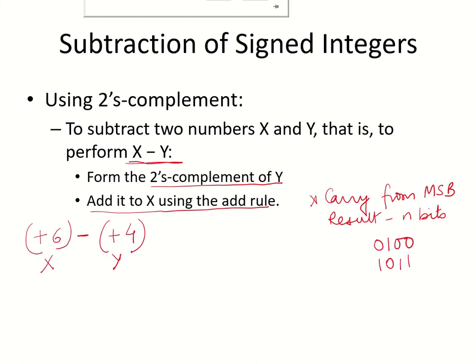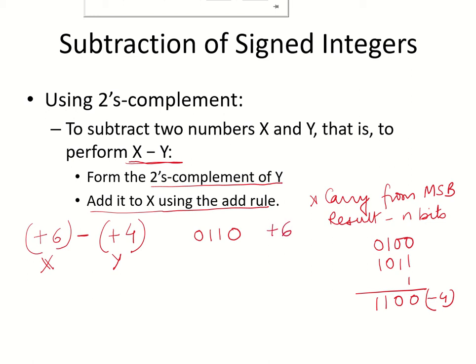I am taking the 1's complement and I am adding 1 to it. This will become minus 4. The 2's complement I have to add to x. This is the representation of plus 6 in binary, and I am using 4 bits for representation. The same you can do with 8 or more bits also.